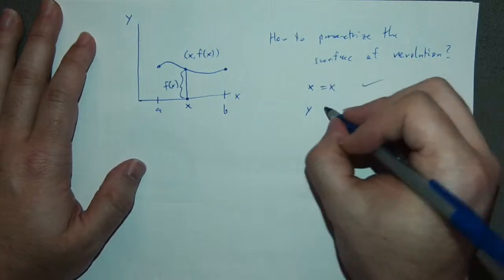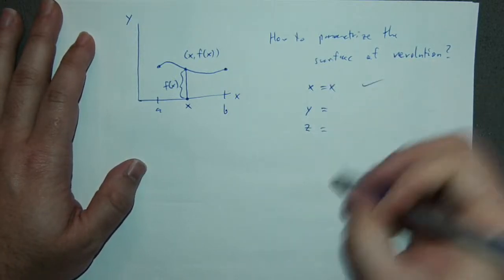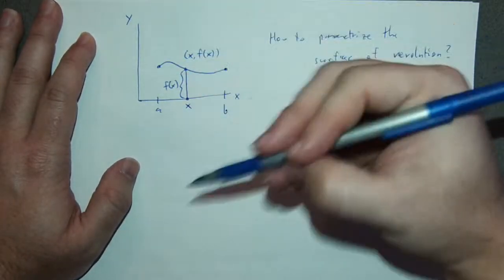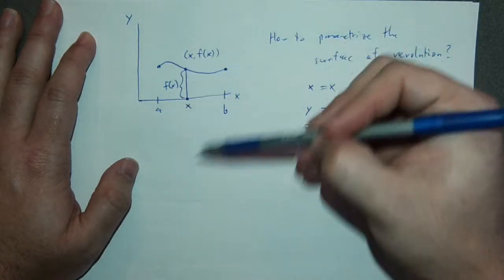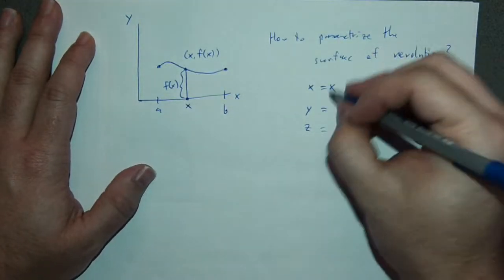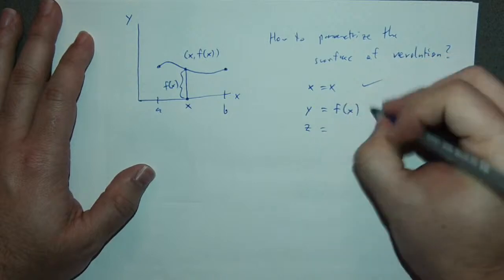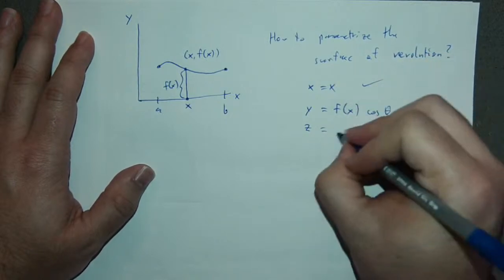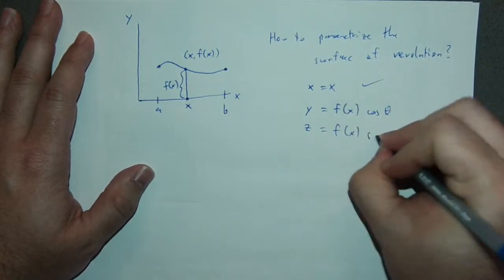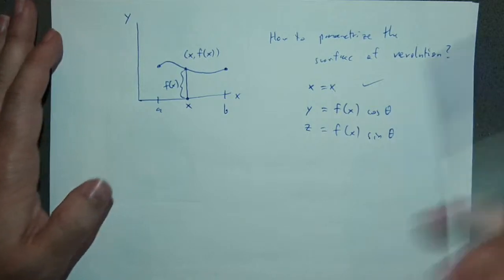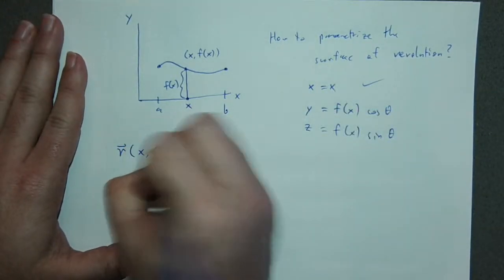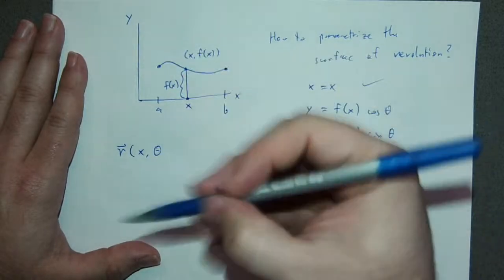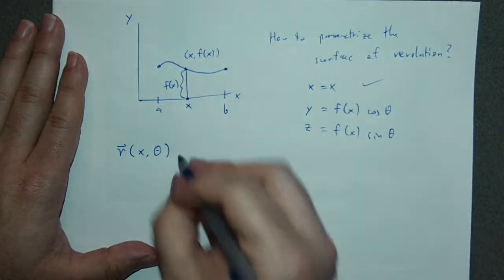In fact, y and z are described as a circle of radius f of x, and I'm sweeping out 2 pi worth of angle here, so y is f of x cosine theta, and z is f of x sine theta. So to parameterize my surface of revolution, I have 2 parameters: x, which is how far along the surface I am, and theta, which tells me how far around the surface I am.